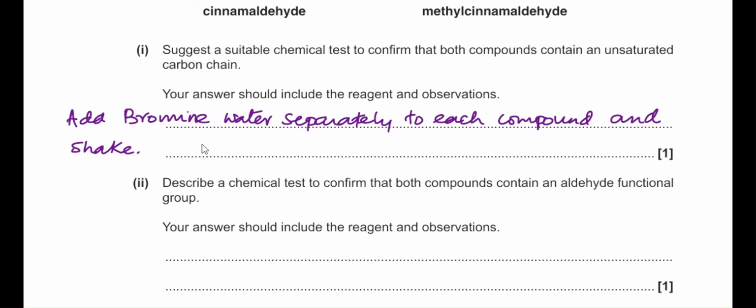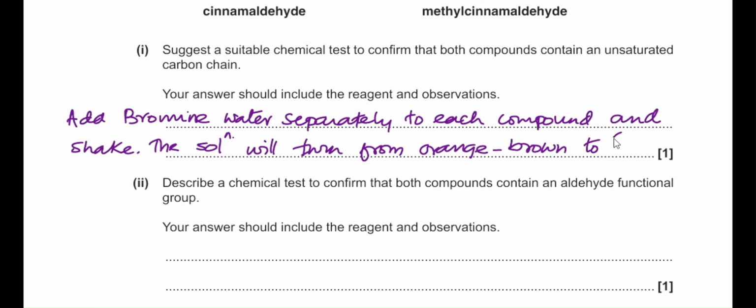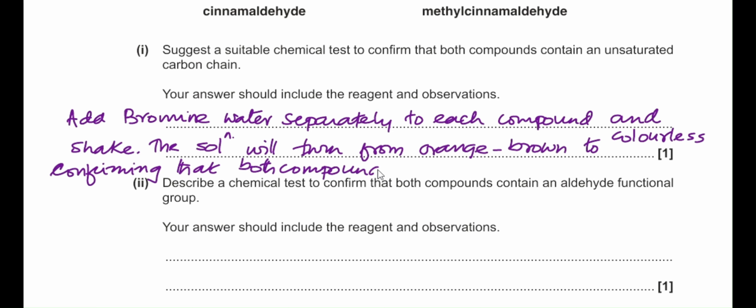The solution will turn from orange-brown, which is the bromine color, to colorless, confirming that both compounds contain an unsaturated carbon chain.